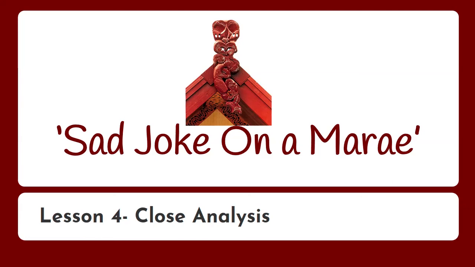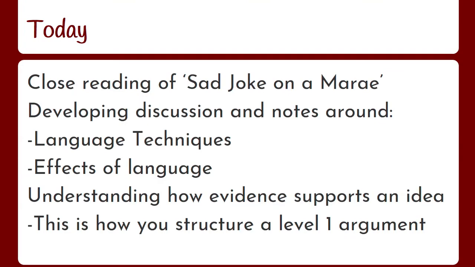You won't be able to write an essay on Sad Joke on a Marae for level 1 English without this stuff. So this is a key lesson here. So we're going to be closely reading Sad Joke on a Marae, so analysing the language within it and unpacking what that means.